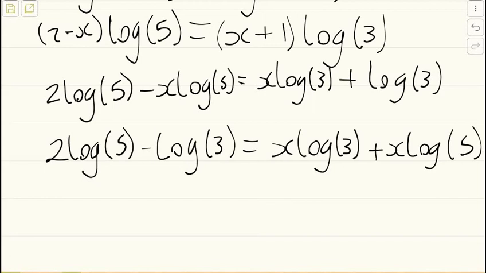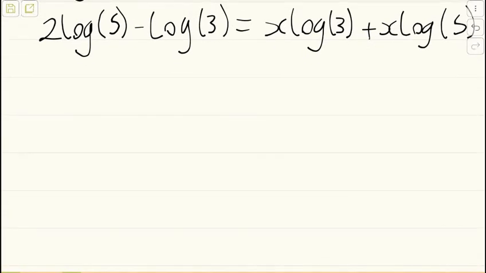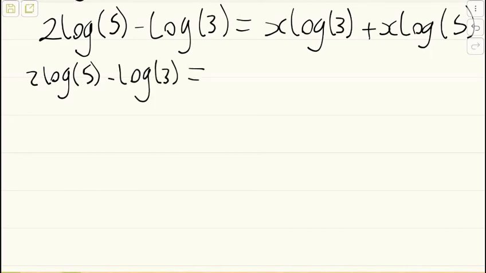So just take a moment to really check that you understand that step. And then at this stage, I can just factorize on the right hand side. So I have 2 log of 5 minus log of 3, which equals x.